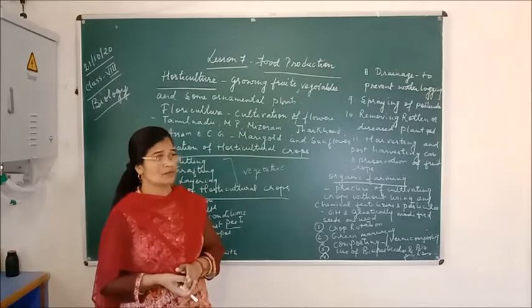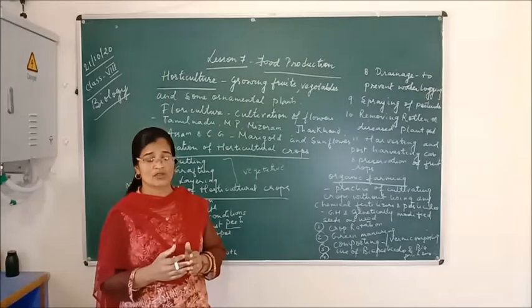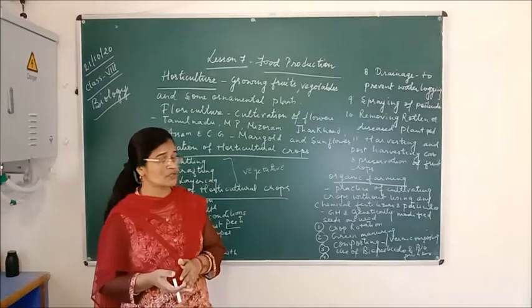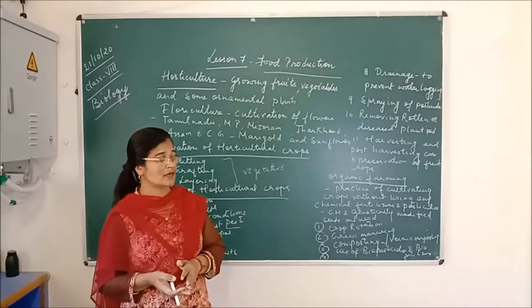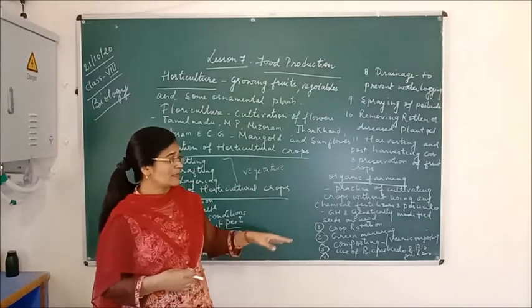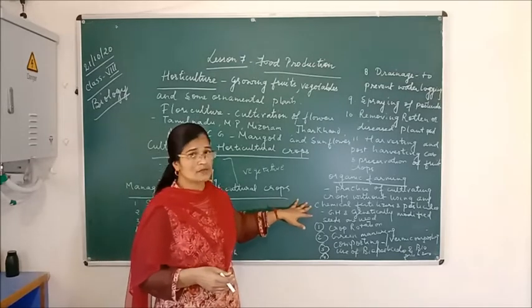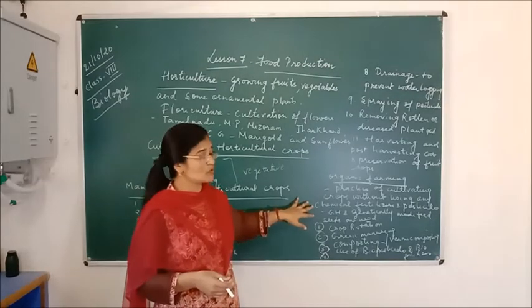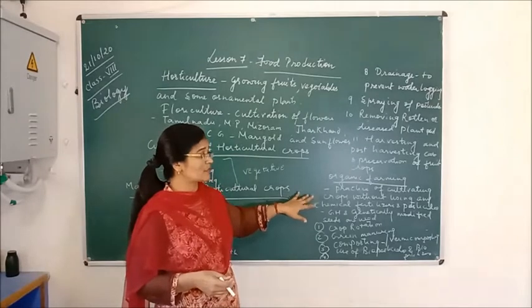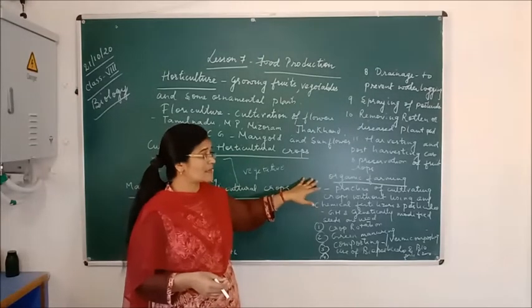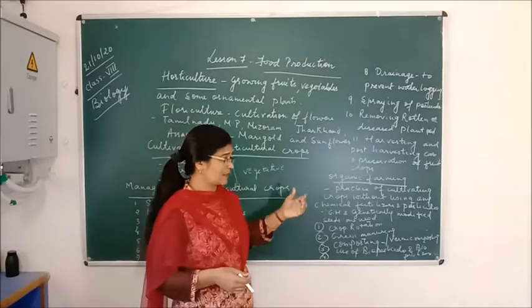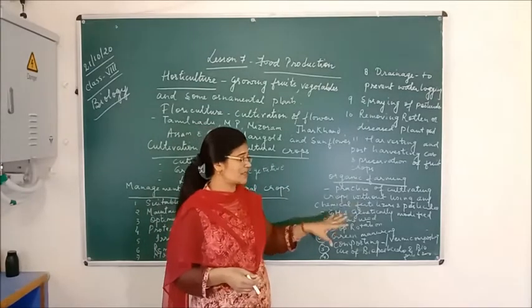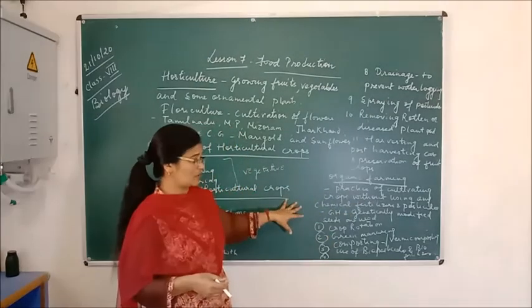You all know compost means whenever the waste of plants and animals is decomposed by the action of bacteria or any kind of microbes, then the manure which is formed, that is called the compost, and that is mainly utilized in organic farming. And here in organic farming, chemical fertilizers as well as pesticides are prohibited, they are not involved.